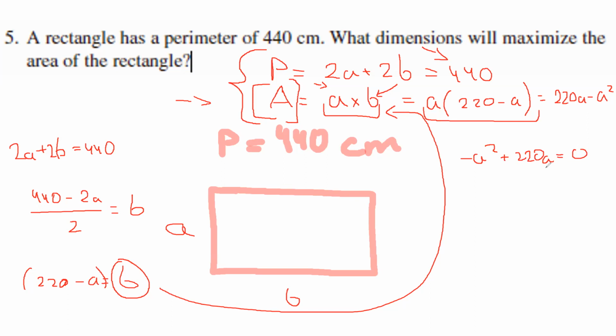And here, factor out an A. You factor out an A. It's going to be minus A plus 120 equals 0.